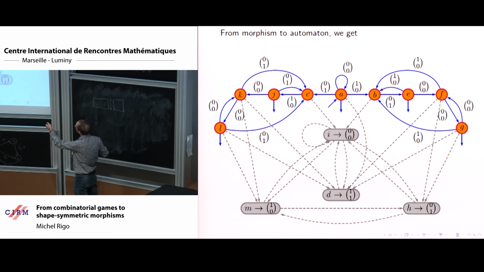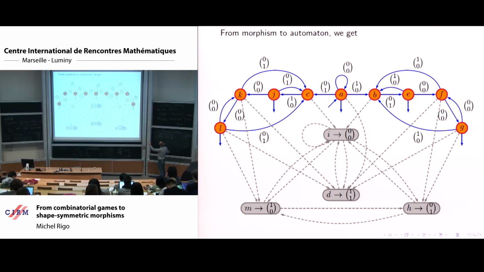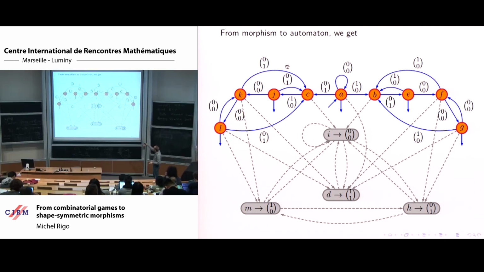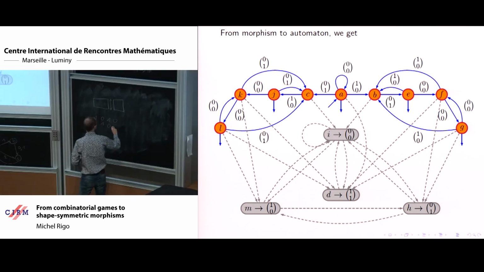I first get 1, 0, then 0, 1, 1, 0, 0, 1. 1, 0, 0, 1, 1, 0, and then 0, 1, and then twice 0, 0.